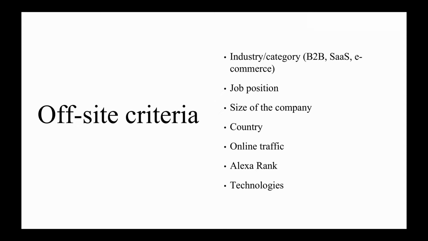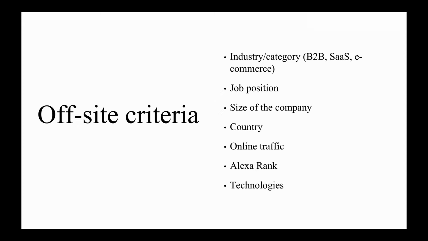Then we have the size of the company, country, online traffic of that page, because we are talking about a particular page, right? If the page is popular or not, if they have a lot of traffic coming. I will also show you Alexa rank.